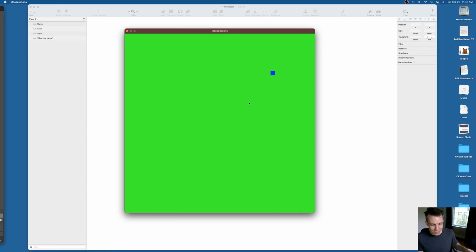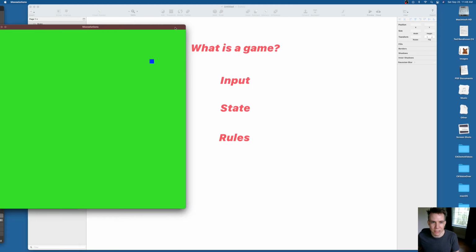But yeah, so it's got state and it's got rules, two out of three of these things, but it's got no input from the player. And so the next thing that we're going to be working on is hooking up the input so that you can move this square with your keyboard, right?